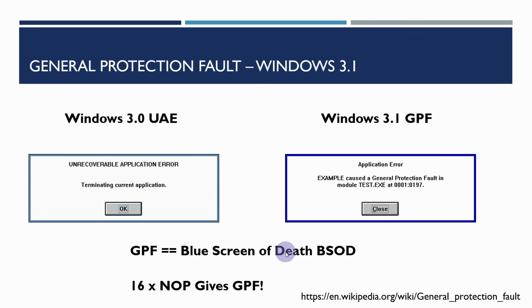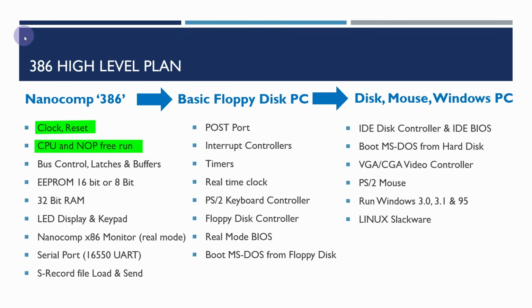The general protection fault is generally caused by 386 and higher processors when there's some sort of memory problem. So I'm proud to say that I've managed to generate general protection faults of just 16 no operation codes. And the Wikipedia article on this, which the link will be in the description below, will go into a bit more detail about this.